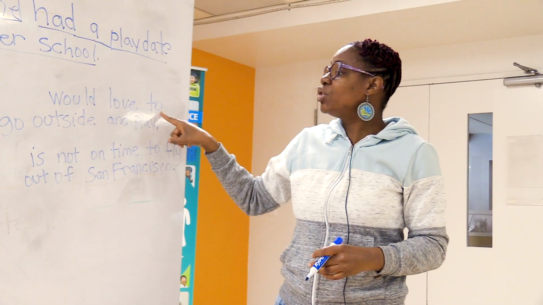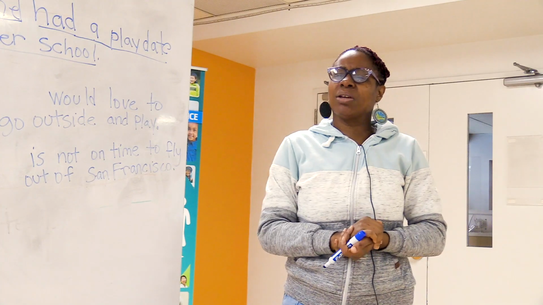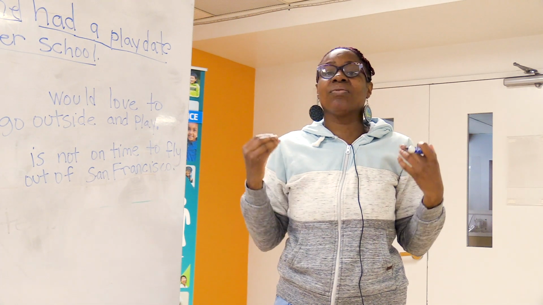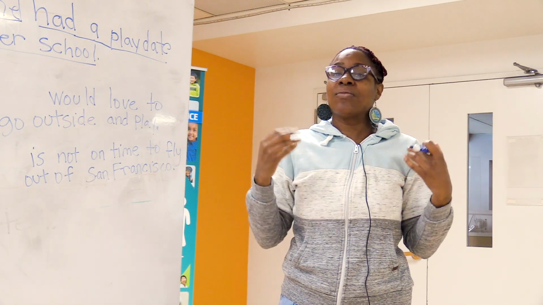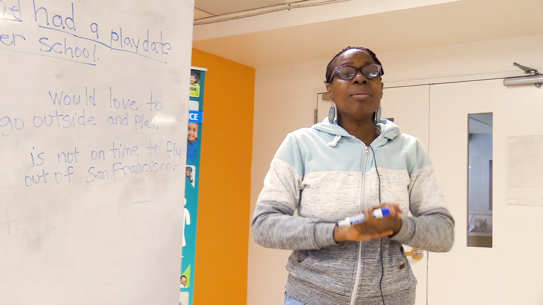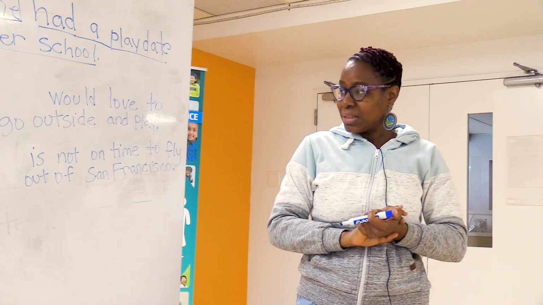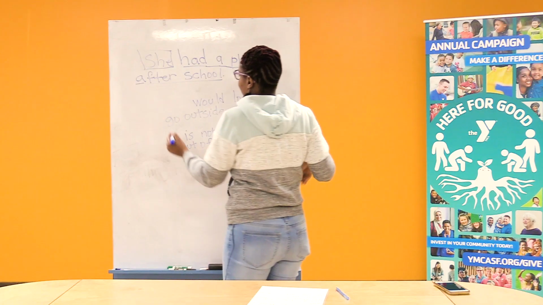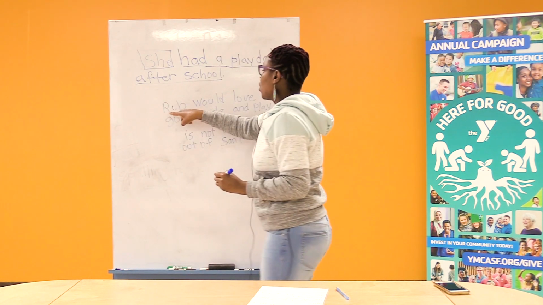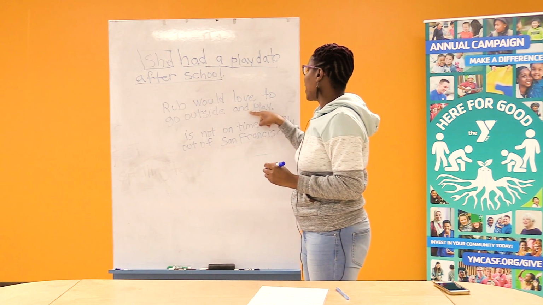Would love to go outside and play. Who would love to go outside and play? We do not have enough information with this fragment or this incomplete thought. The sentence is incomplete. But if we add a subject matter, then our sentence will be whole. Let's see. Rob would love to go outside and play.